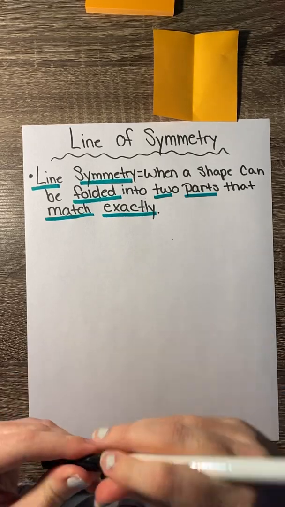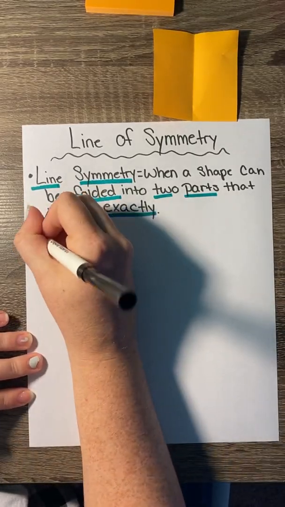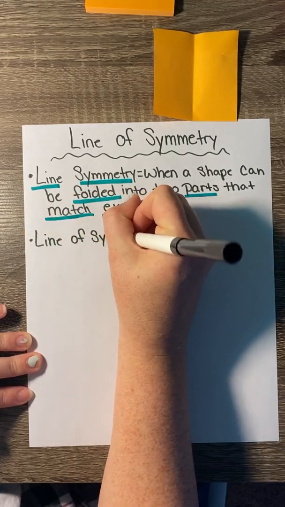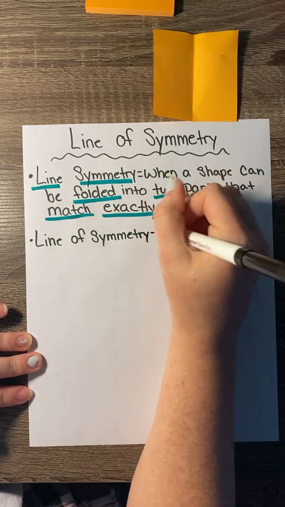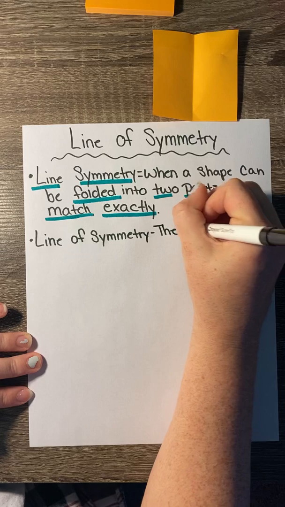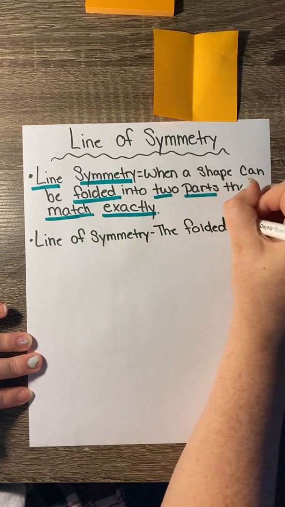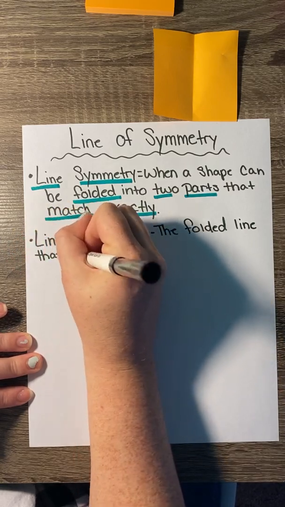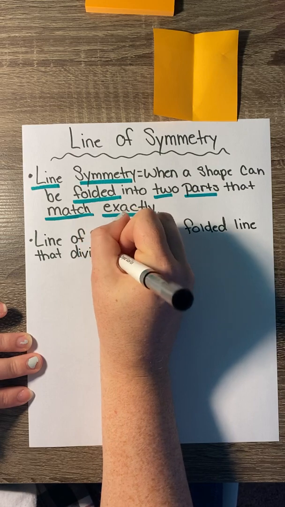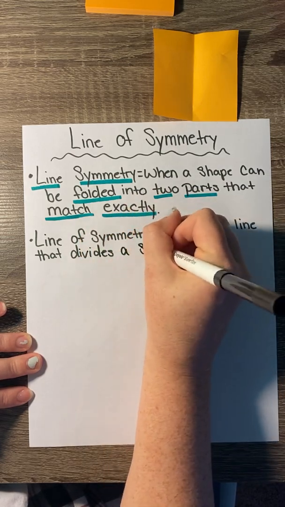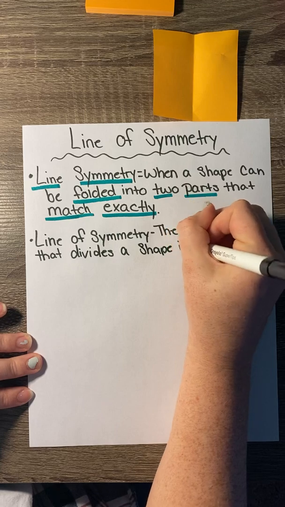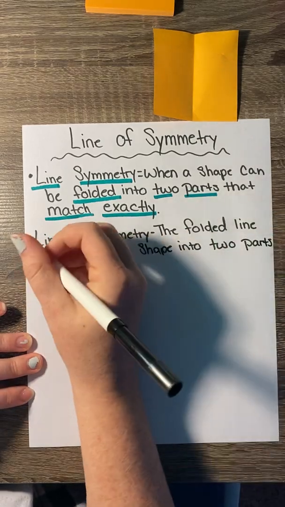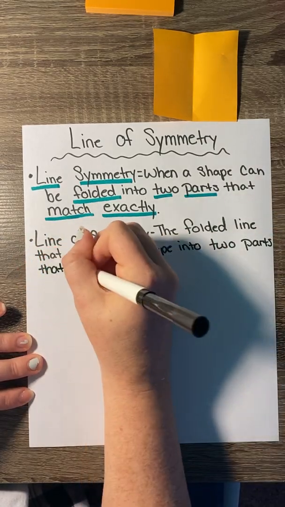The next part I want to talk about is line of symmetry. So line of symmetry is the folded line that divides a shape into two parts that are the same size.